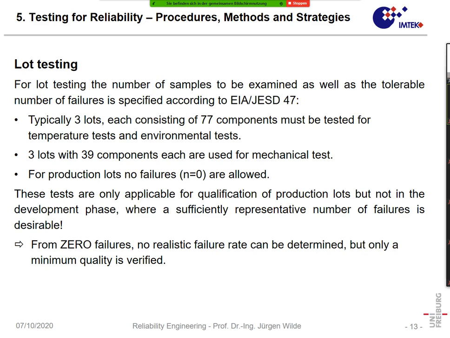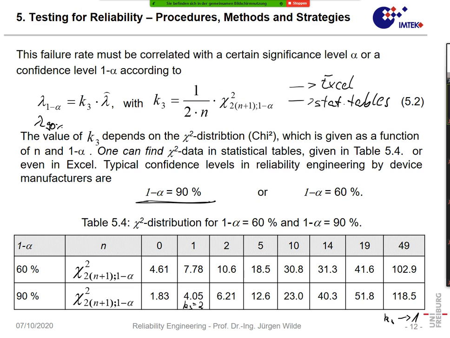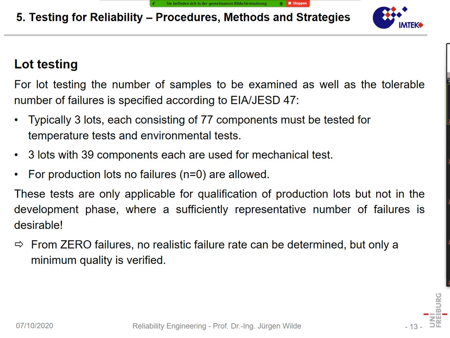What is important when you do testing, you first of all need a certain number of failures in order to compute a failure rate. That is important. On the other hand, when you do lot testing, that is in the phase of production.